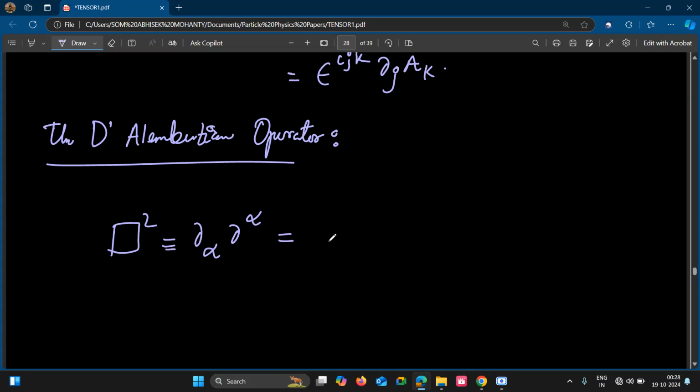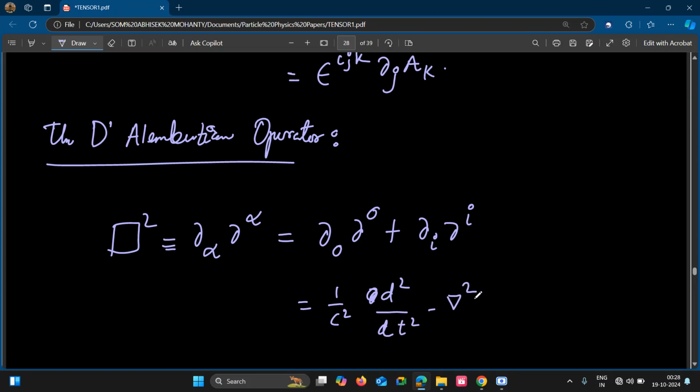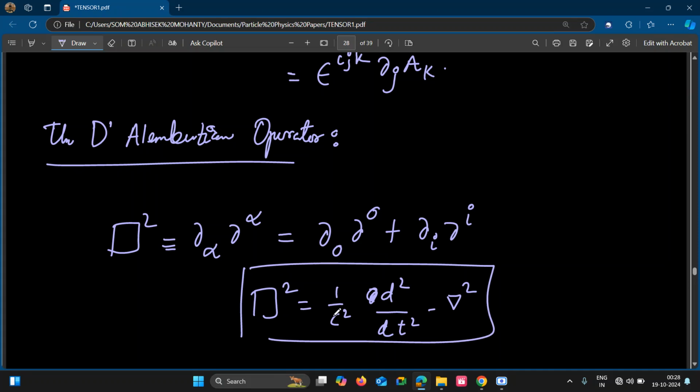So this is kind of equal to ∂_0 ∂^0 plus ∂_i ∂^i, two operators multiplied here. So this is (1/c²) ∂²/∂t² minus ∇² actually. Yeah, this is your ∇². You must have studied this in classical mechanics. Okay.